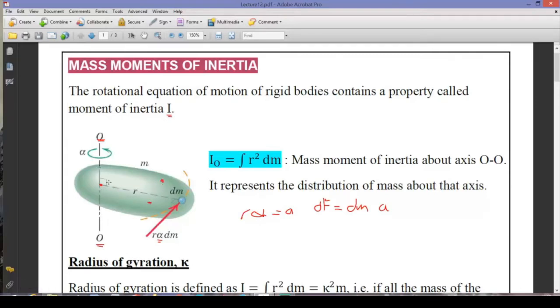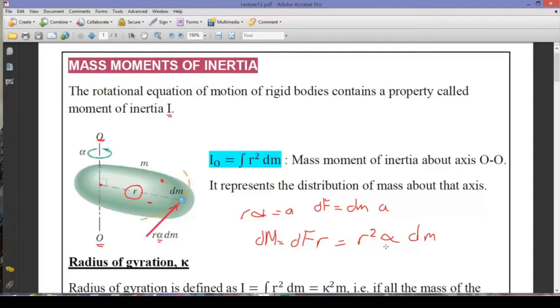So this is the moment about this axis. Then we're going to use the same r information again. So what we need to do is df times r would be, in that case, equal to r squared alpha times dm. And this is actually equal to the moment.